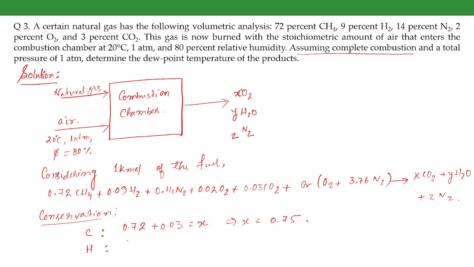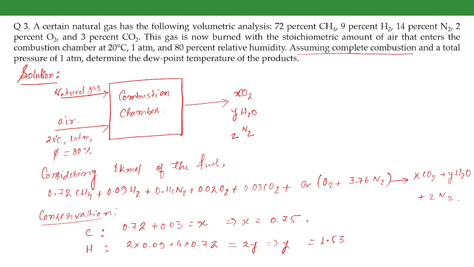With hydrogen, 2 multiplied by 0.09 plus 4 multiplied by 0.72 is equal to twice Y. This implies Y is equal to 1.53.